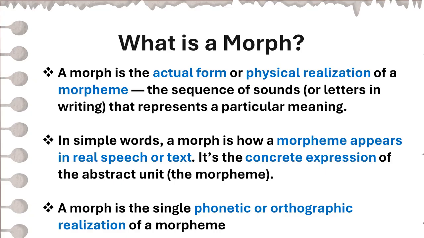So, when we say a morph, we're talking about the concrete expression of a morpheme, something we can actually hear or see. In other words, a morph is the single phonetic or orthographic realization of a morpheme, the real, observable form that represents meaning in a word. We'll see some examples next to make this concept even clearer.